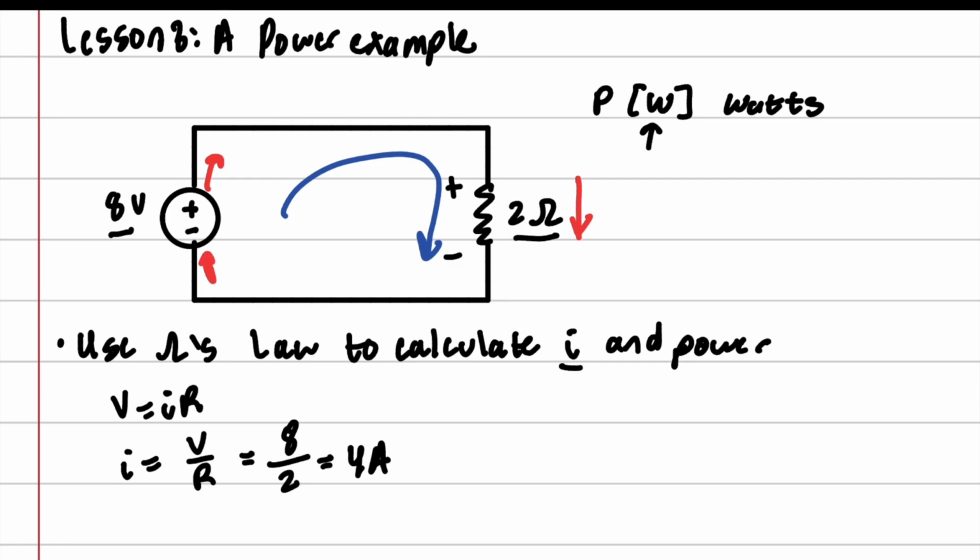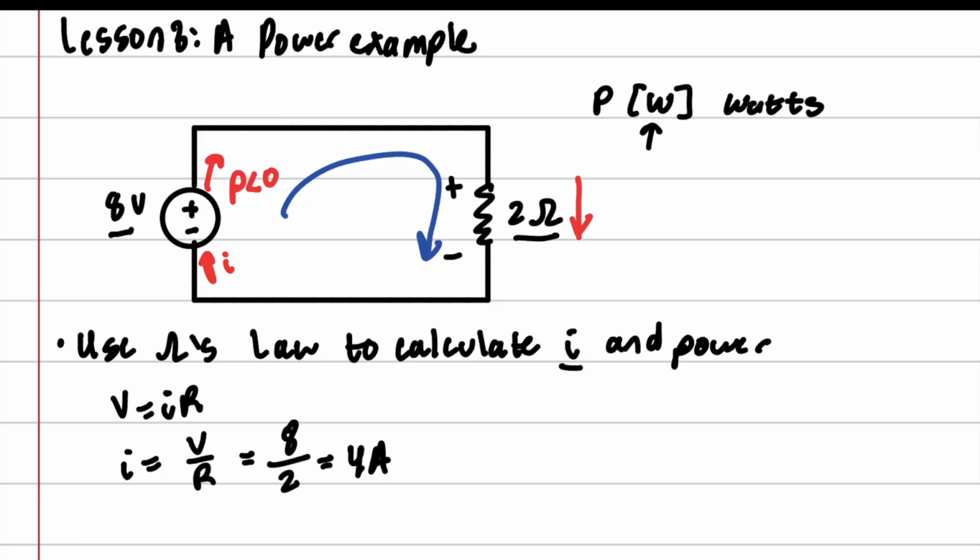As I explained in the last lecture, when you have a current going into a power source, the power is negative, and negative power means it's generating.